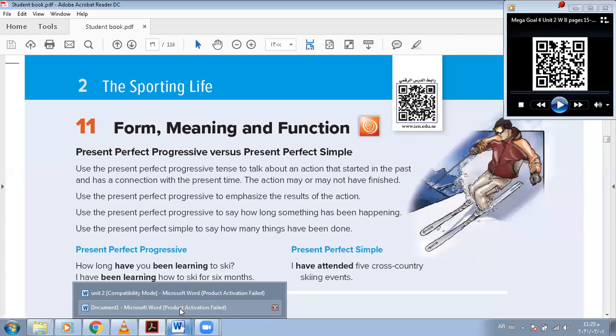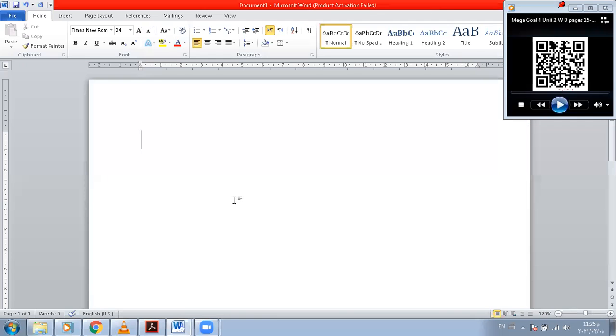I want you to pay attention and differentiate between the two sentences and tell me what tense or tenses I used in them.